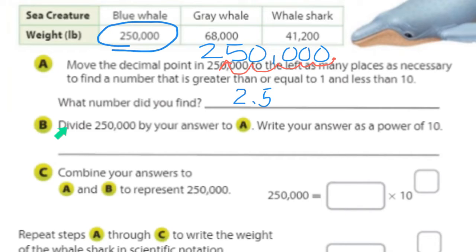Part B says, divide 250,000 by your answer to A. So if I take 250,000 and I divide it by my answer for A, 2 5/10, I'm going to get 100,000.